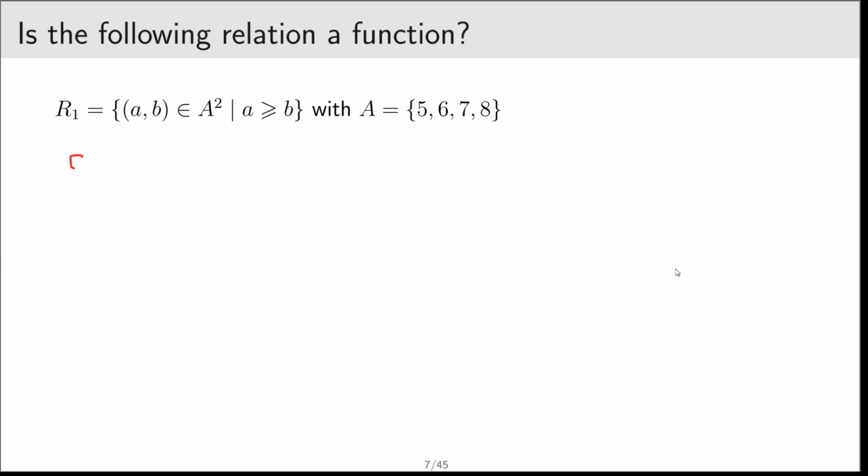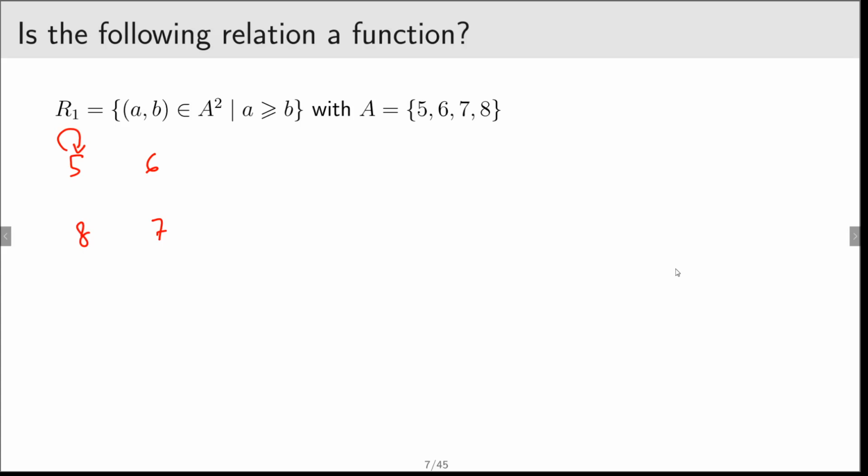This is 5, 6, 7, and 8. From 5, there has to be an arrow to 5 because 5 is greater than or equal to 5, and there is no other edge going out of 5.